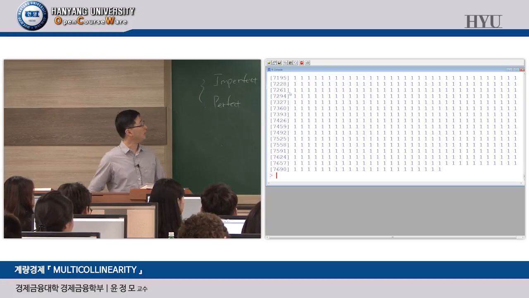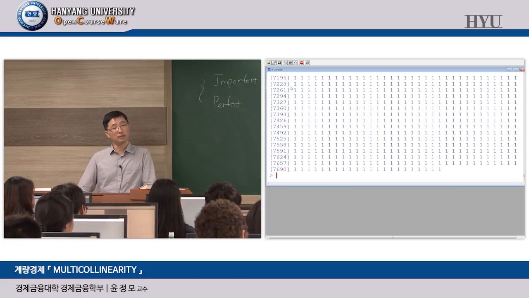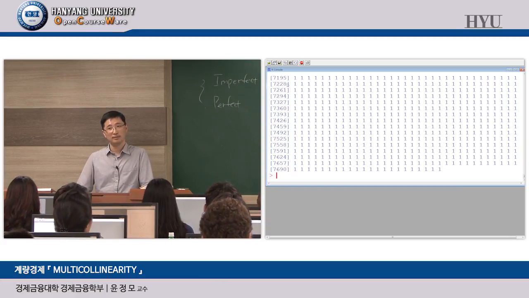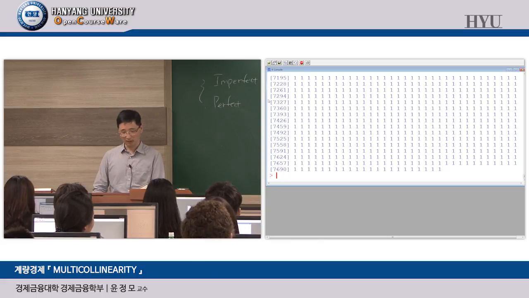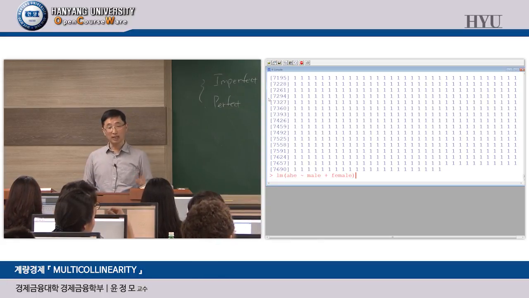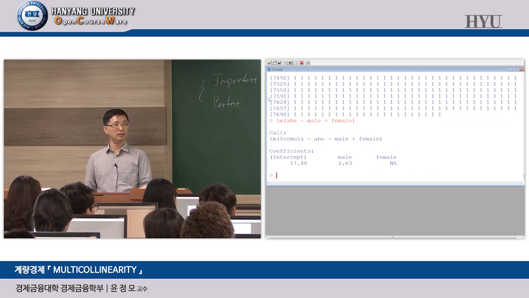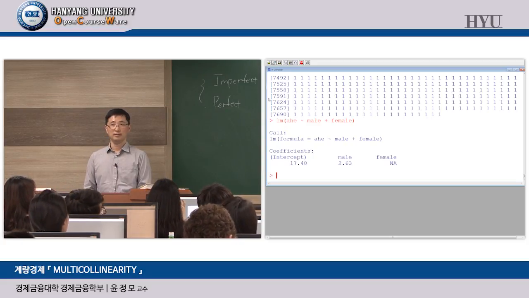So that's why I said it's perfectly linearly correlated. So if a linear sum of some variables exactly replicates another variable, that's an example of a perfect multicollinearity. Is it clear? Is it confusing? Okay, but anyway, think about it. So this is not allowed. You cannot have a constant, male dummy and female dummy. Okay, that's a violation of condition number 4.